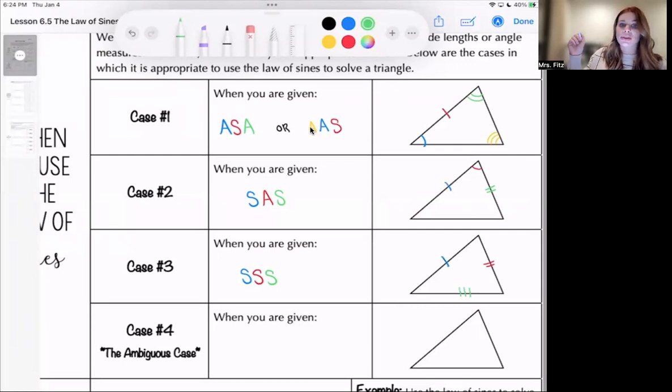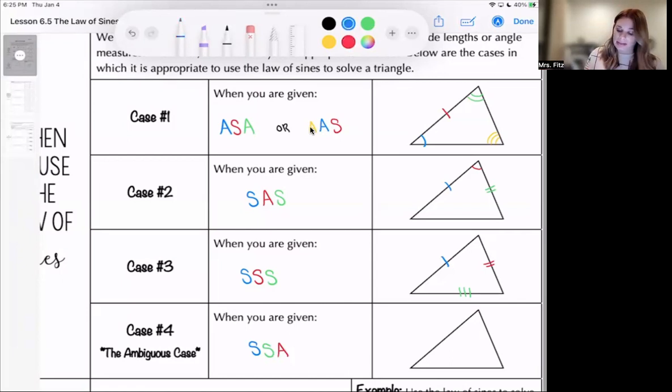Now, cases 1 through 3, you do not need to worry about this ambiguous thing that is going to happen. What I mean by ambiguous case is that in case number 4, there could be more than one possible triangle that fits the information. There could be only one, there could actually be none. So the ambiguous case is if you're given two sides and an angle, SSA, but the angle's not adjacent to both sides.